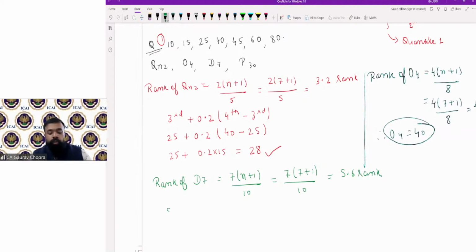Now, what do we have to do? Fifth value plus 0.6 into sixth minus fifth value. So what is the fifth value? 45 plus 0.6 into 60 minus 45. 15 into 0.6 is 9. 9 plus 45 gives 54.